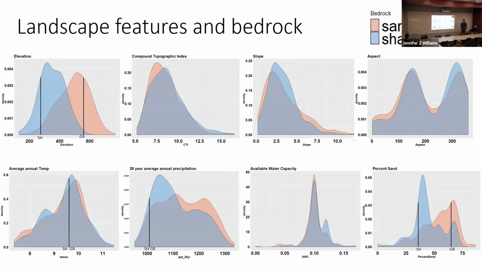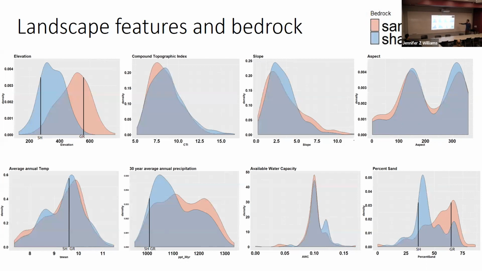So when we see differences in biomass on the landscape, it suggests to me that there is something inherently going on within that rock type that is driving the difference in biomass on the landscape.